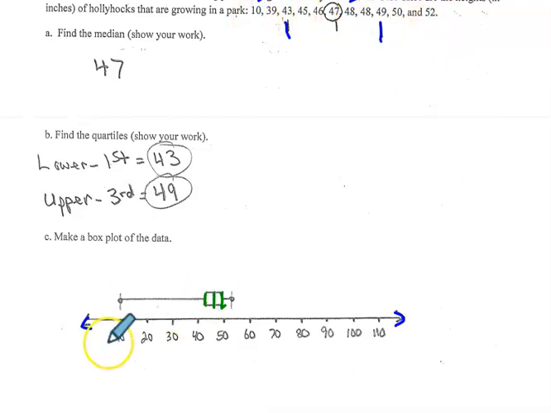Put a dot there, put a dot there. Then I just take a ruler and draw a straight line there and there. That's all you do. Now that they're already in order, the hardest part is drawing this. Again, I would use a ruler. Don't freehand it. If this were a test, I would look to make sure they're all evenly spaced because that's one of the criteria. So again, double check, make sure you did it right.